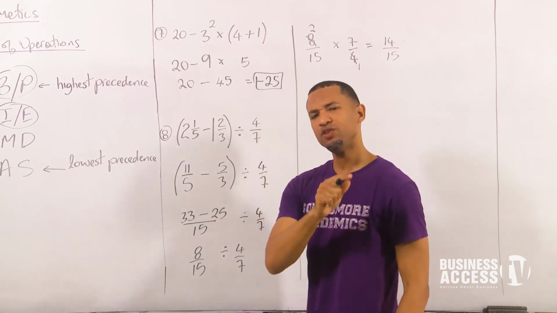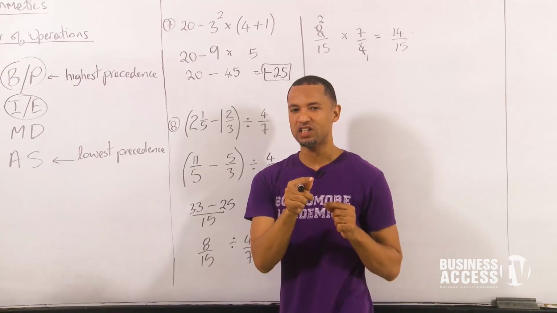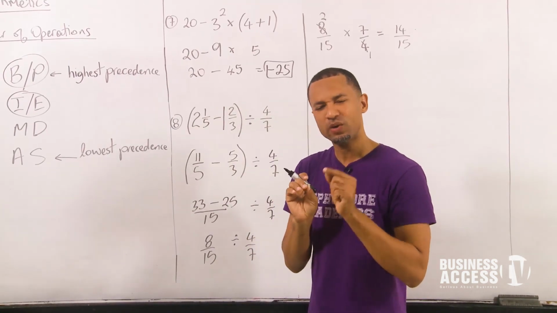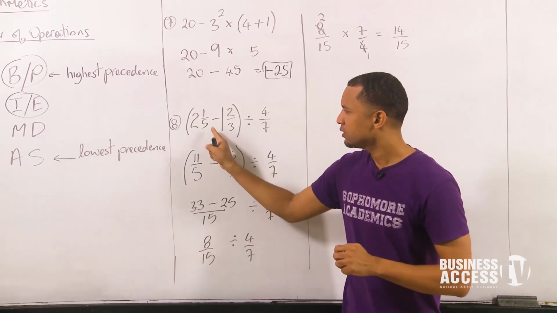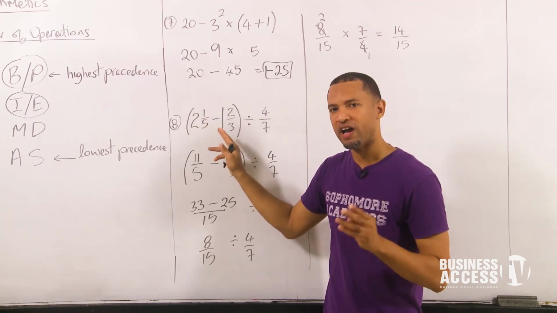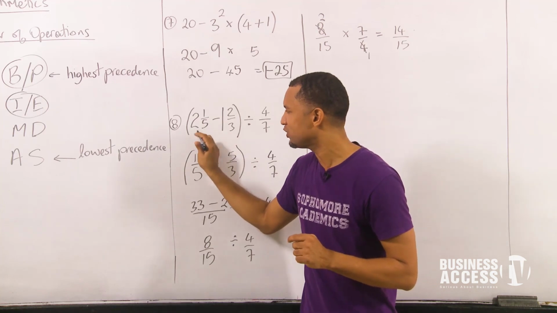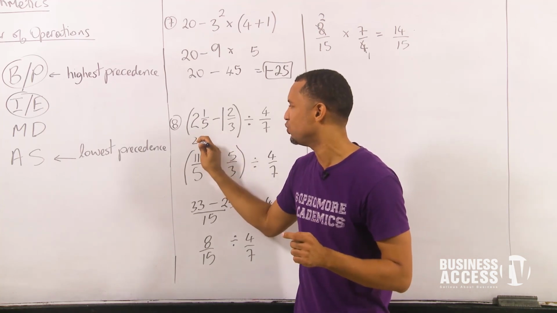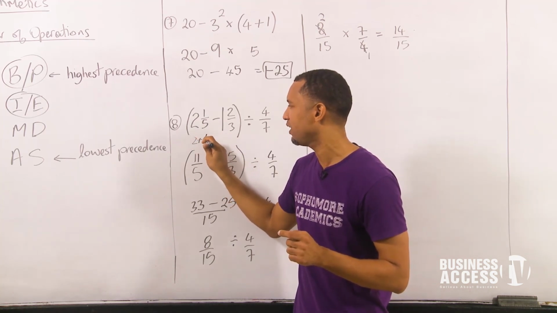And even though today's topic is not fractions, I'd like to just segue a little bit. Mixed numbers, right? 2 and 1 over 5. By the way, you did know that 2 and 1 over 5 is the same thing as 2 plus 1 over 5, right?